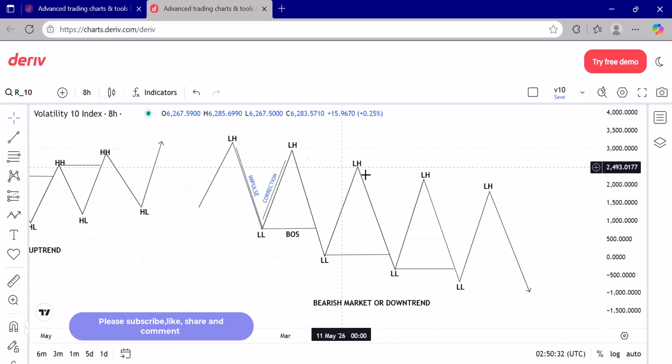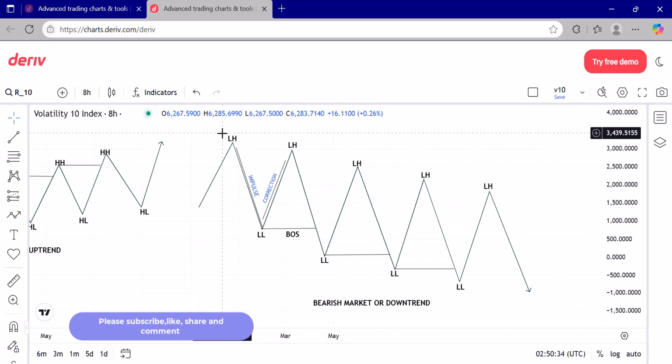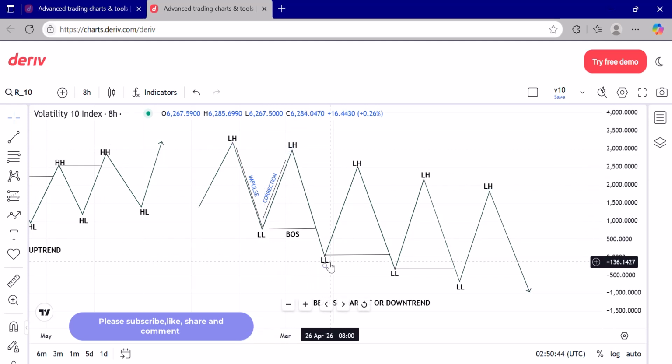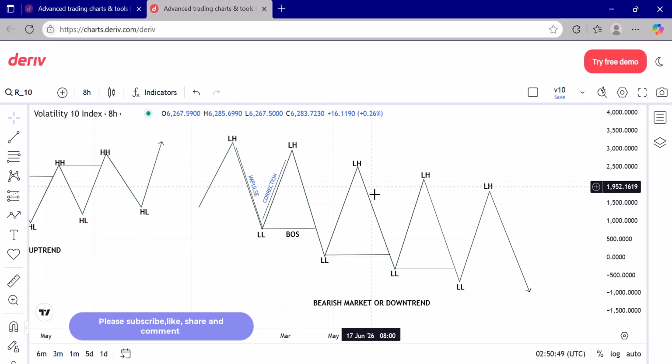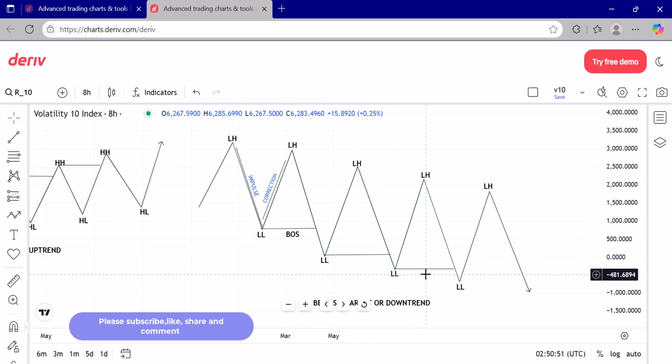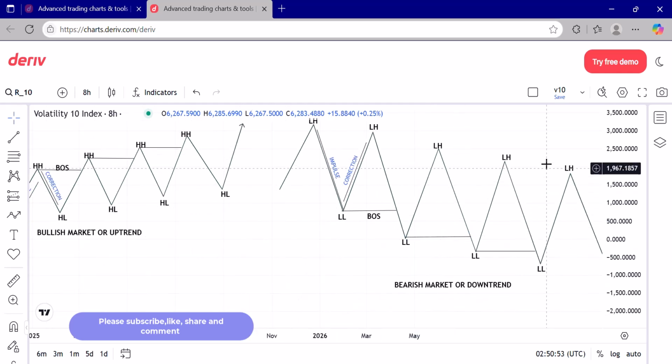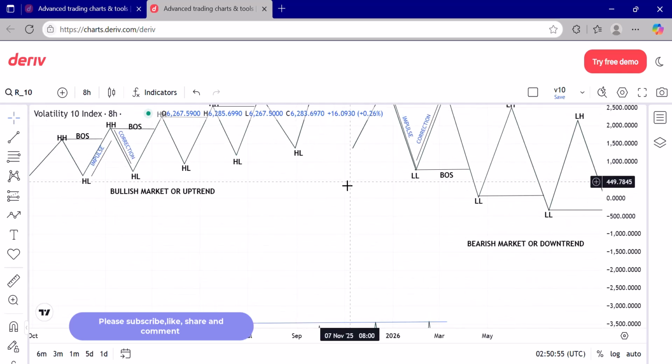While the focus here is bearish, going down. So each movement down is the impulse move. Then it makes a correction. Another movement down is an impulse move, and a movement up is a correction. Movement down is an impulse move. So this is the bearish market structure.